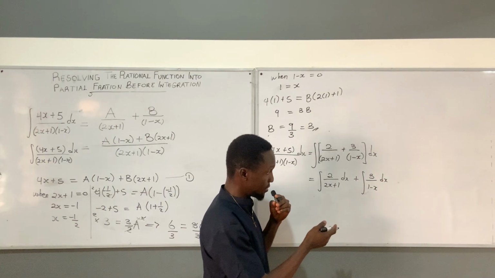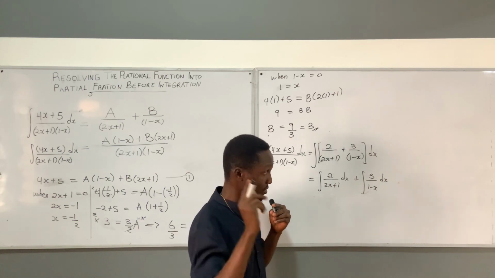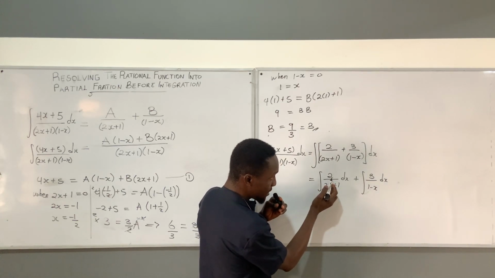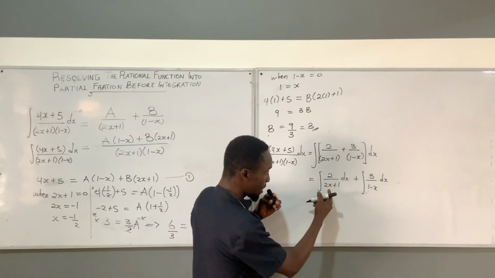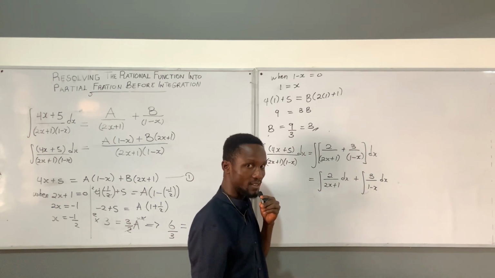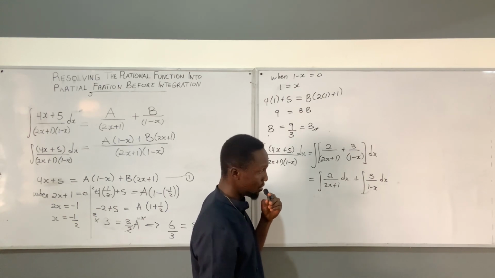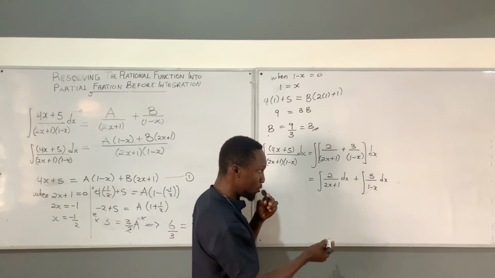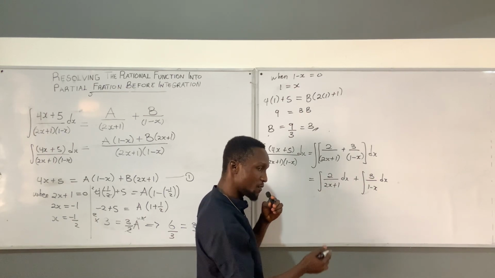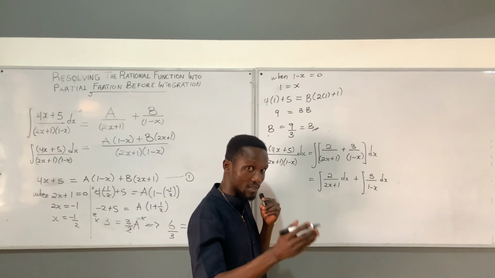So at this point, let me show you a trick, and you have to listen very carefully. Now, when I look at the numerator, I have a value of 2. When I look at the denominator, I have 2x plus 1. The first question you need to ask yourself is, when I differentiate the denominator, will it be equal to the value at the numerator so that they will be able to cancel each other?